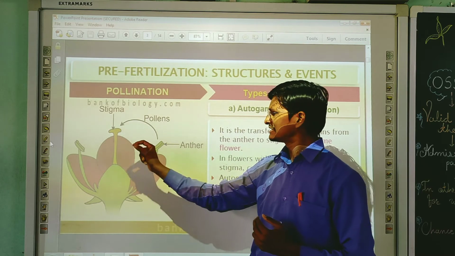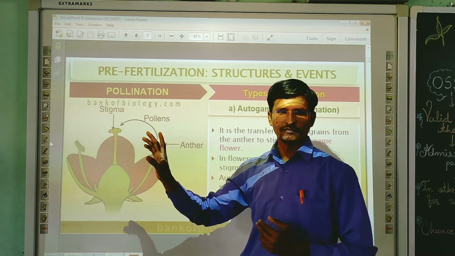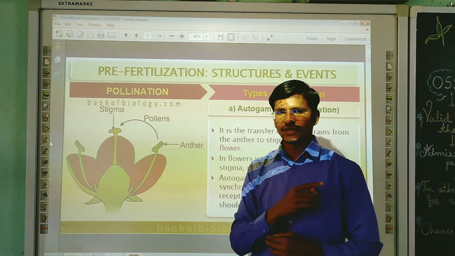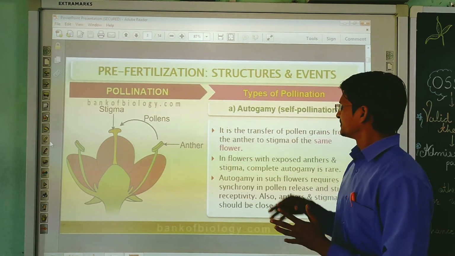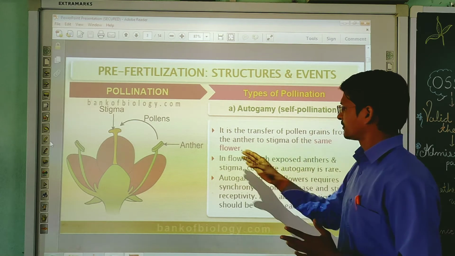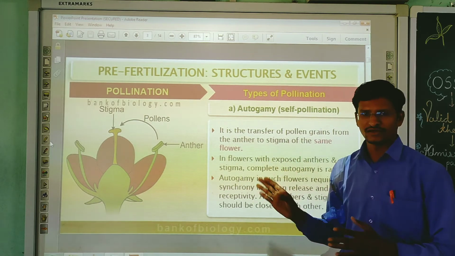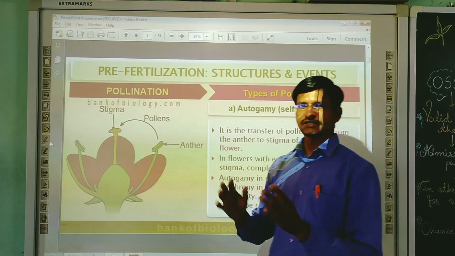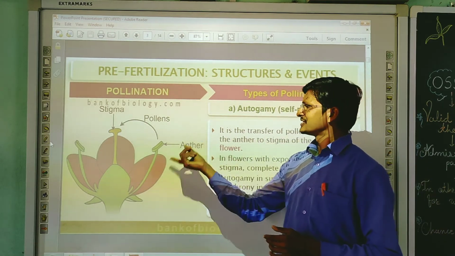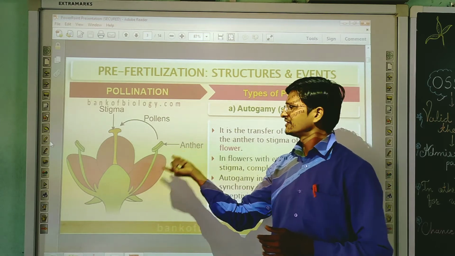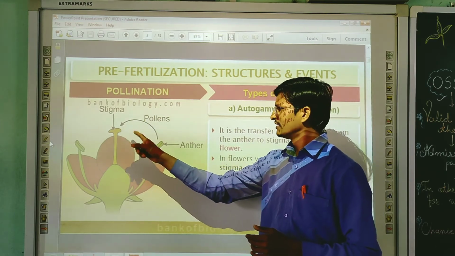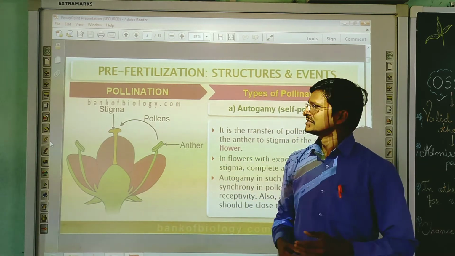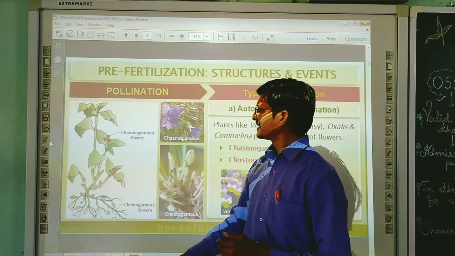That we call self pollination or autogamy. We are not going into detail, but the general concept must be clear. The pollen falls on the stigma, and the fertilization process will start. That we call pre-fertilization.